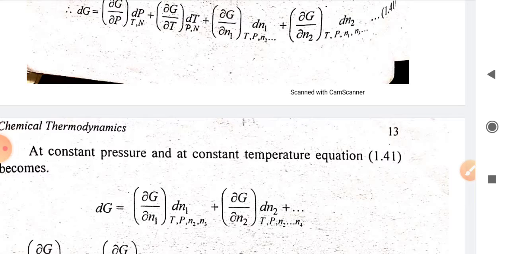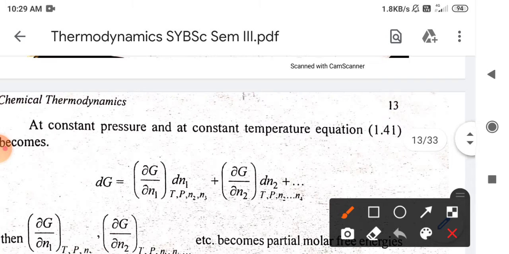So what we can do is impose certain conditions on the system. The first condition is that we keep the temperature and pressure of the given system constant, so that the only other parameter left is the number of moles. So we can have knowledge of the number of moles for the specific component.